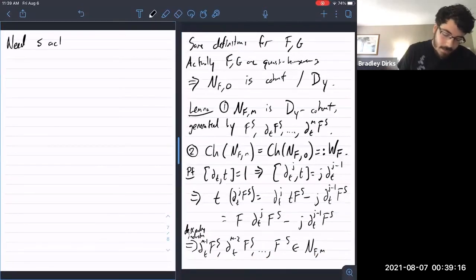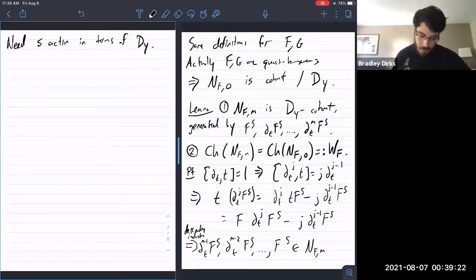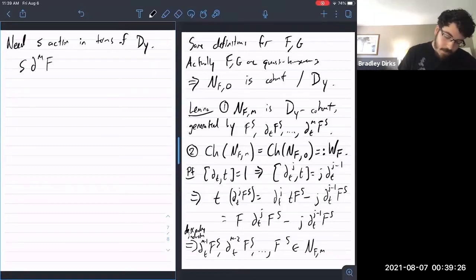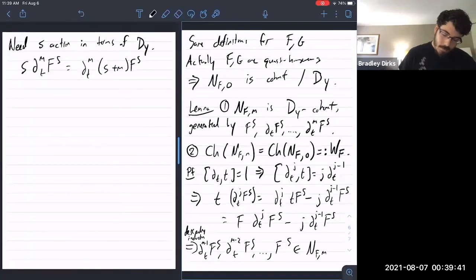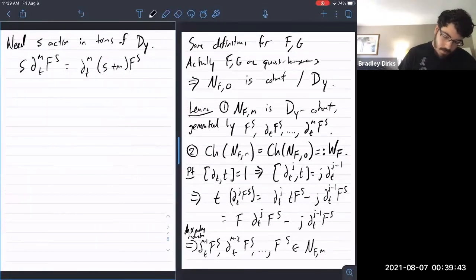Now we need the s action in terms of D_y. But remember, we had this commutativity. This was just D_t^m s plus m f^s.